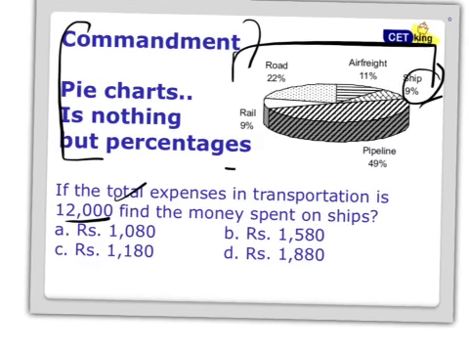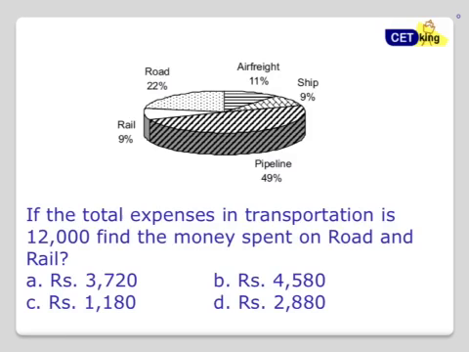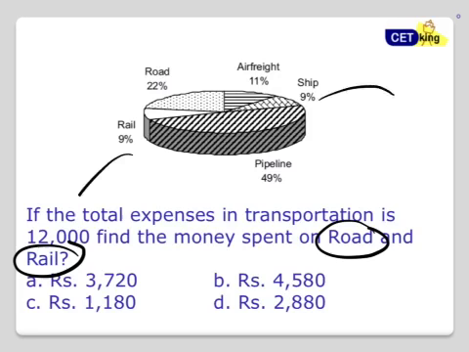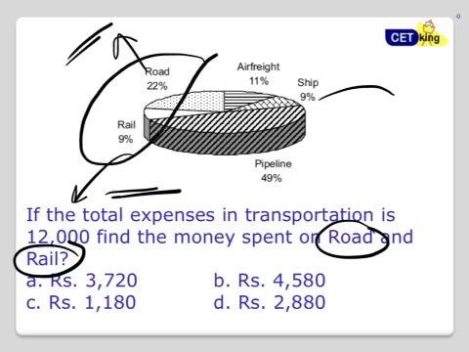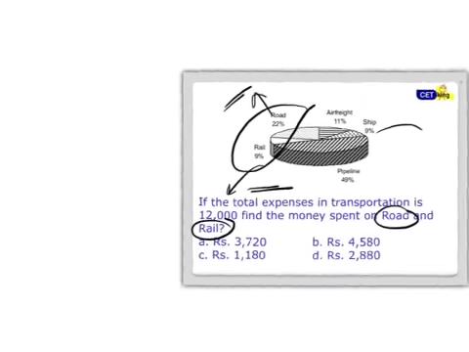Another very easy example. Find the money spent on road and railway. Now what people normally do is they first find road 22% of 12,000 and railway 9%. But because they're percentages, I can add both of them. That's a basic video, so you're not understanding the main shortcuts in this, but once you see the advanced level, you will understand what the shortcuts are. 9 plus 22, now this is 31%.